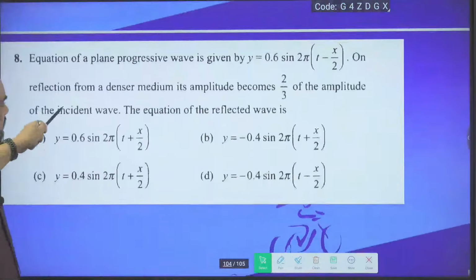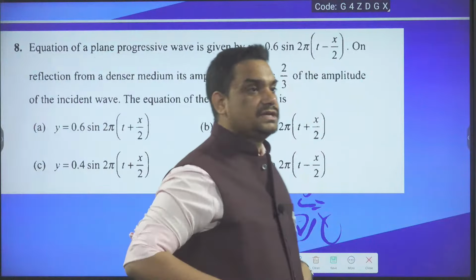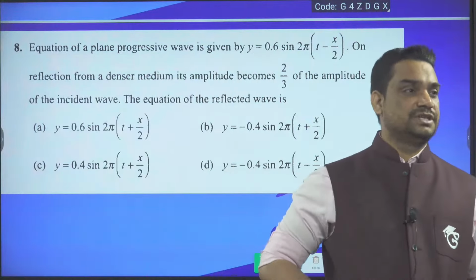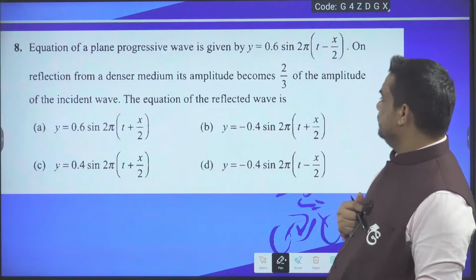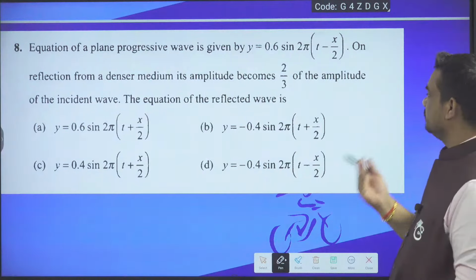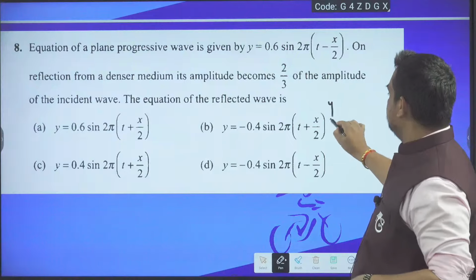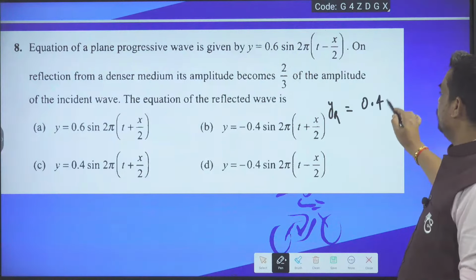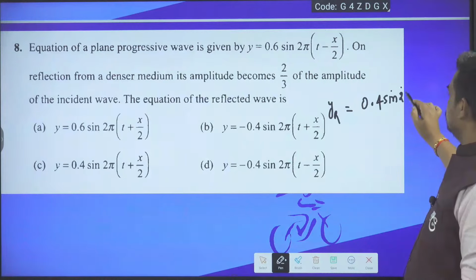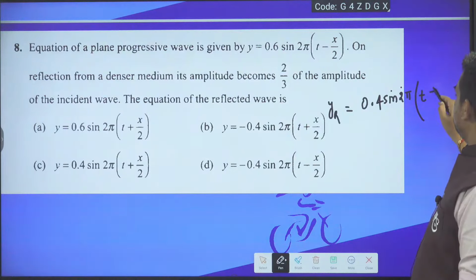Now this comes one question again from the exemplar. They are giving the equation of a plane progressive wave, and on reflection from a denser medium, its amplitude becomes 2 by 3. So first of all, the reflected wave's amplitude will change. 2 by 3 means this becomes 0.4 sine 2 pi t plus x by 2.